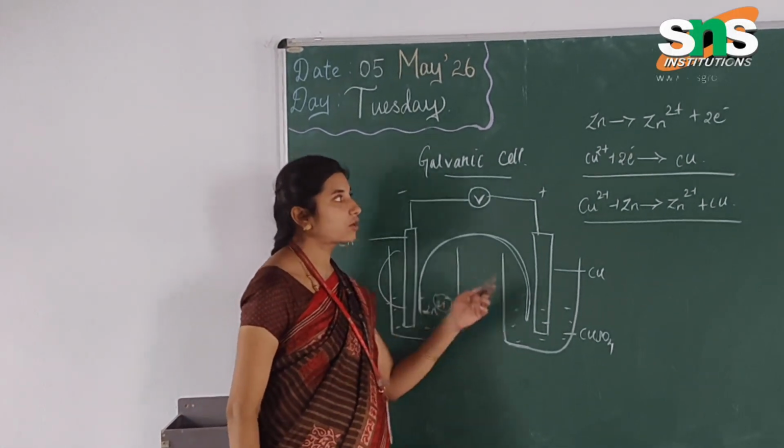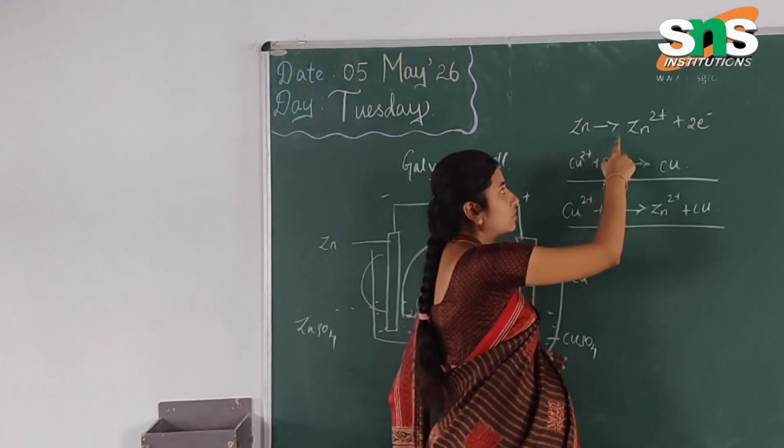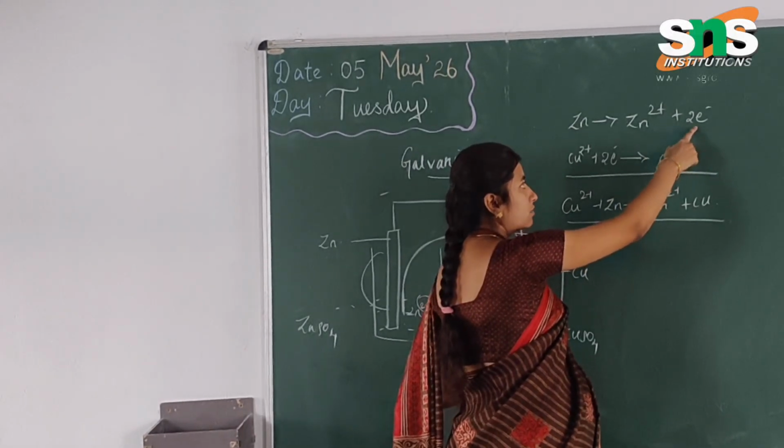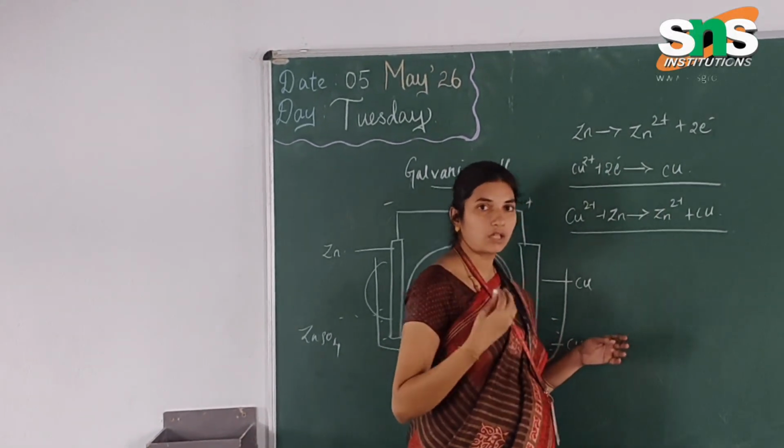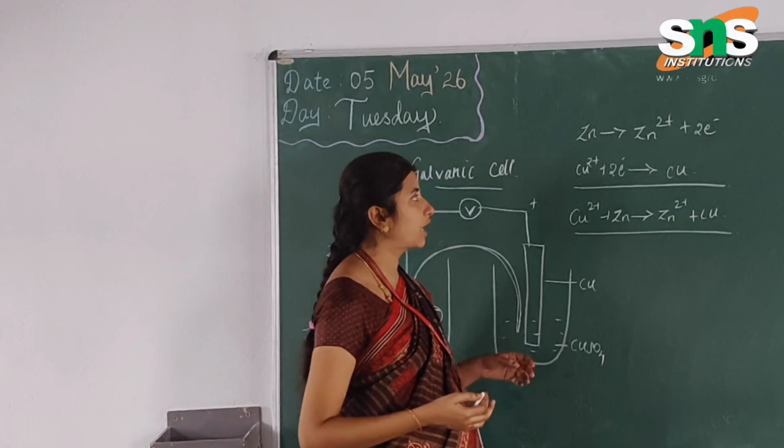So with the loss of electrons, Zn gives Zn2+ plus 2e-, and the electrons are transferred.